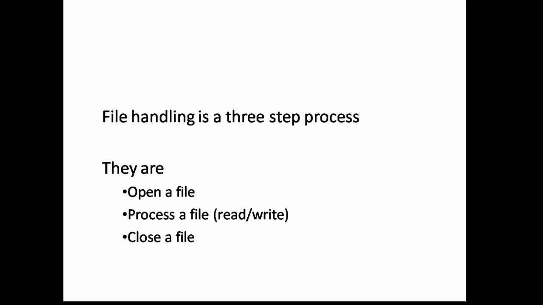By using a certain syntax we have to open a file, and if you want to read contents from the file or write into the file, we have to follow the correct syntax for the different types of operations. So in total there are three steps involved in handling files.